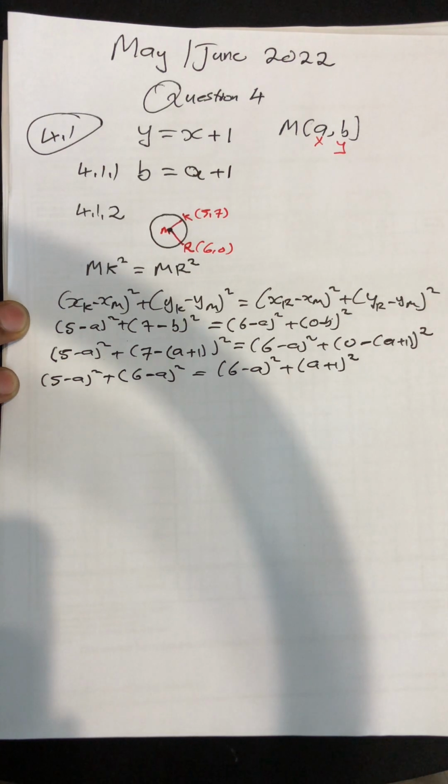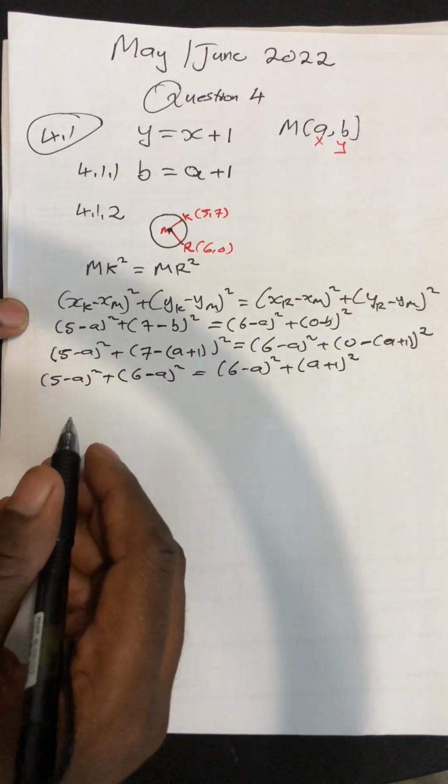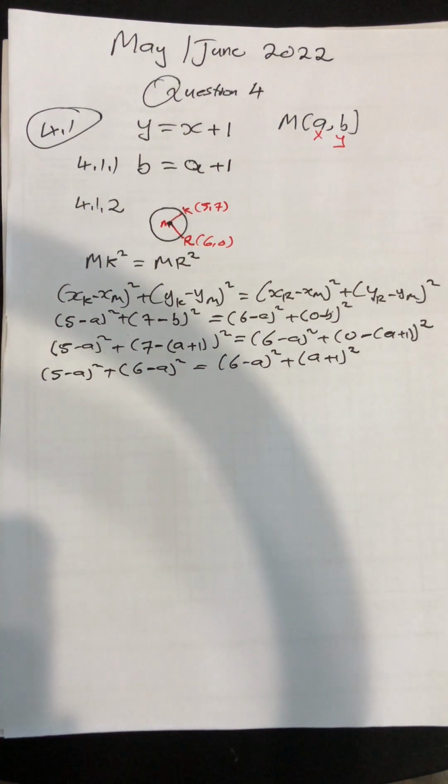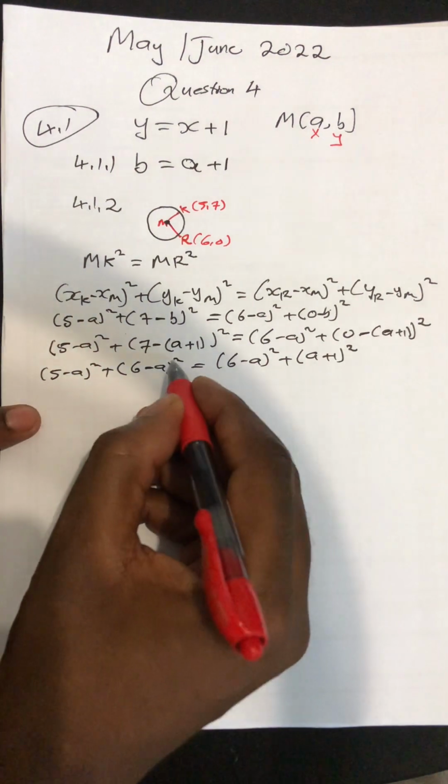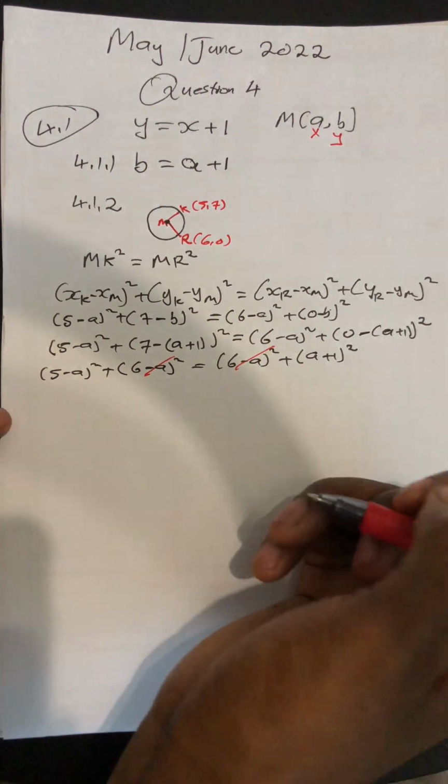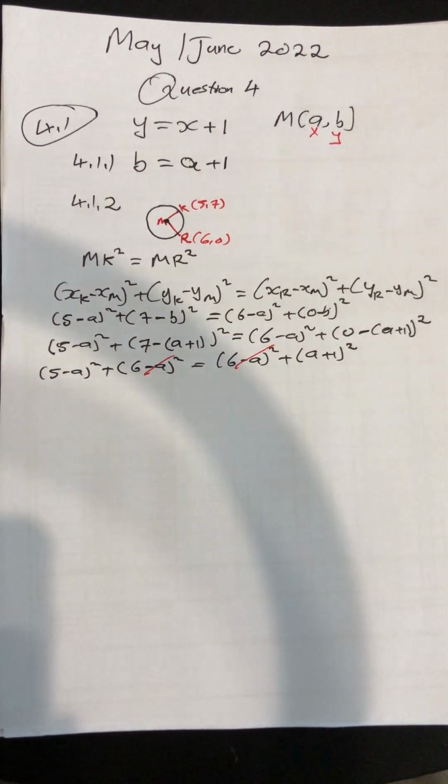Then again, from here, we can deal with the mathematics. If you look at these brackets and this, they are exactly the same, so we can eliminate that.